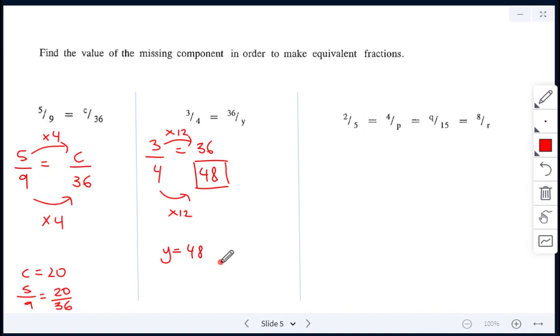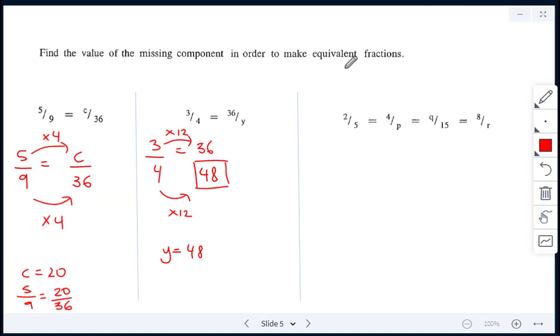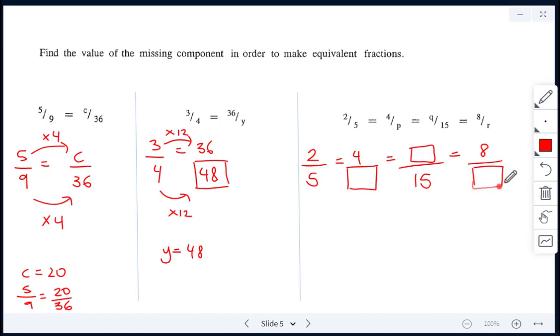All right, so the next question, some of you have already completed it. So we are given 2 over 5, and we have to figure out P, Q, and R. So I'm just going to rewrite this out. 2 over 5 is equal to 4 over a box, and then over 15, and then 8 over R. When we're doing questions like this, always start with what's given.